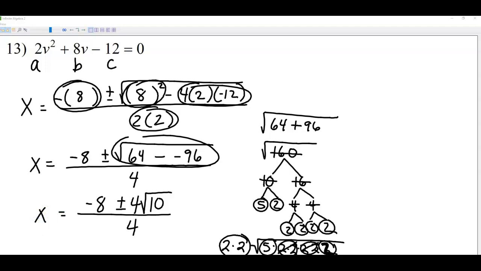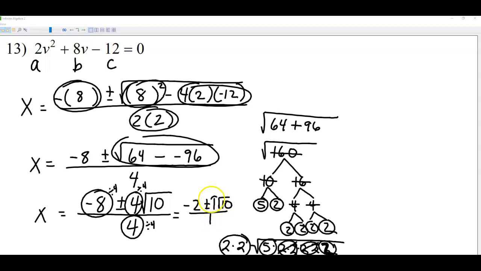The last step is to reduce if possible, and all three of these numbers can be reduced. So we'll go ahead and reduce them. All three of those numbers can be divided by 4. So I'm going to divide all three of them by 4, which leaves me with negative 2 plus or minus 1 square root of 10 over 1.